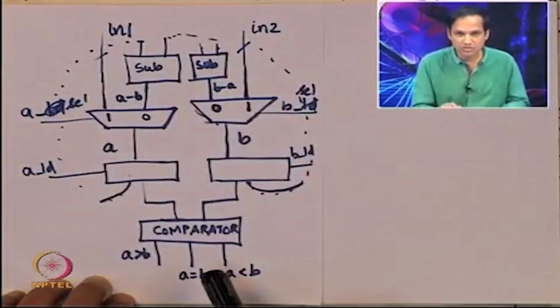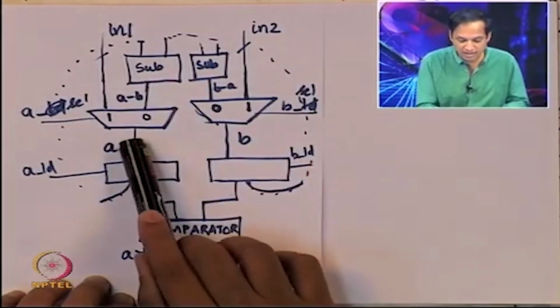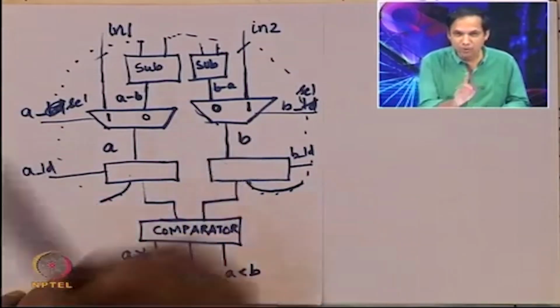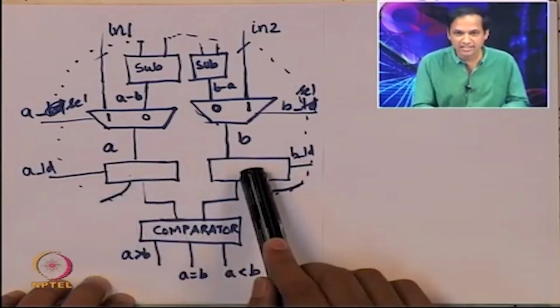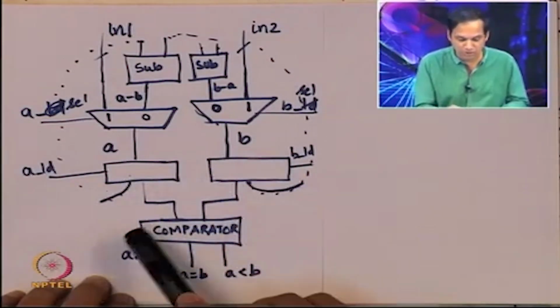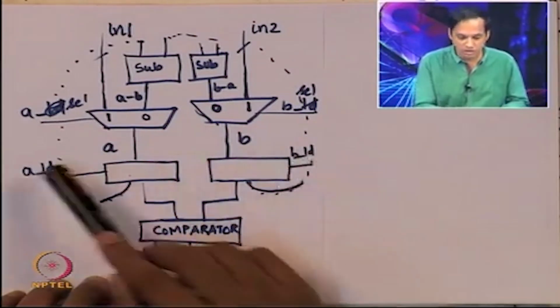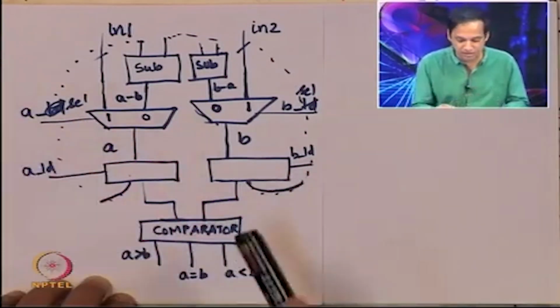Once that happens, the subtractor's output will appear here and here. But remember, according to the algorithm, only one of the values changes, either A gets A minus B or B gets B minus A. Only one of them should change, which means either A load or B load should be 1, both of them cannot be 1. So somehow we need some circuitry to do that.